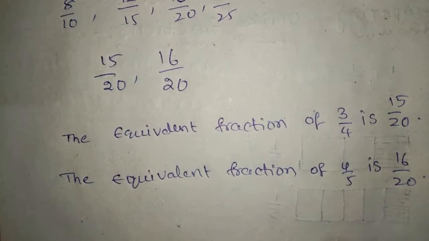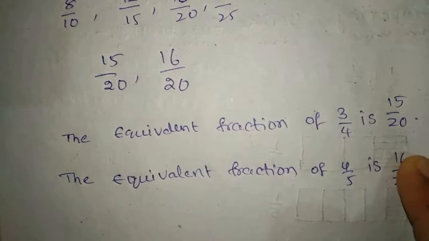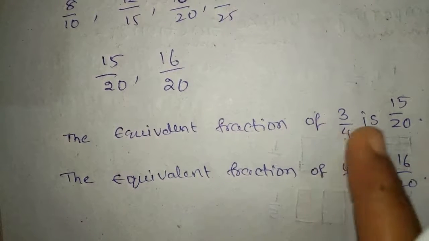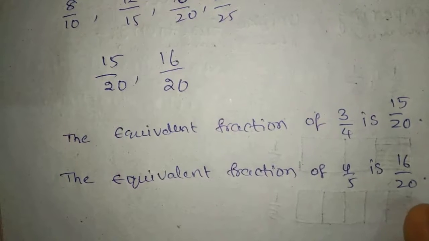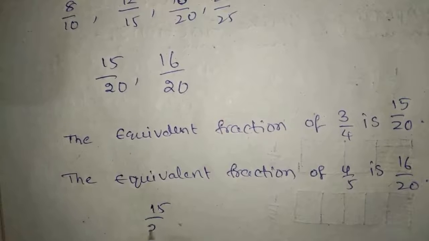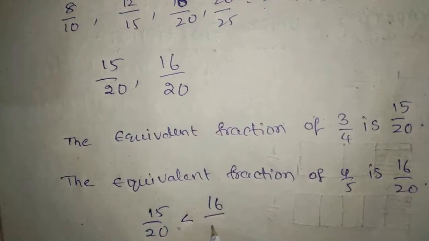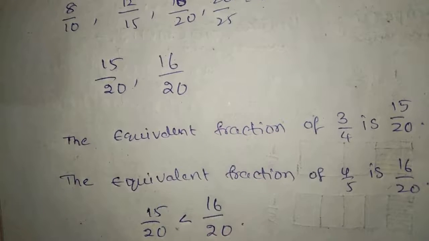Now we can compare the numerators, that is 15 and 16. We know that 15 is less than 16. We can write here 15 by 20 is less than 16 by 20.